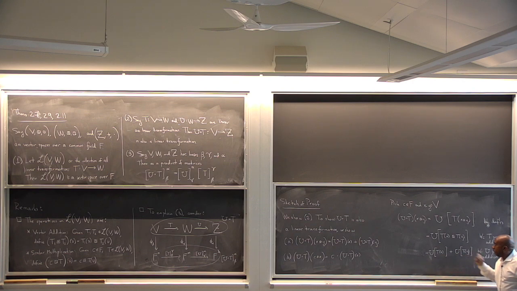Right? So again, now I have the sum of two elements in Z. And now let's just work backwards to what the definition of composition was. And again, this is by the definition of what composition is.